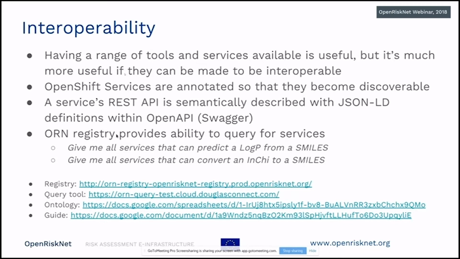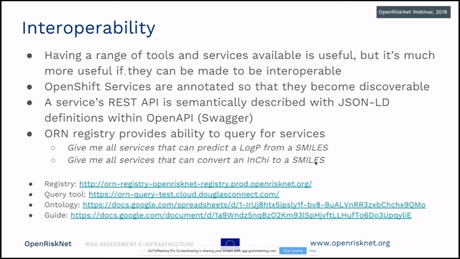And the registry provides the ability to query for services based on that semantic information that is described through the OpenAPI and JSON-LD descriptors. And to give a couple of very simple examples here, you could query the registry and say, give me all services that you know about that can predict a logP from a SMILES string. Or another query could be, give me all services that can convert an InChI string into a SMILES string.